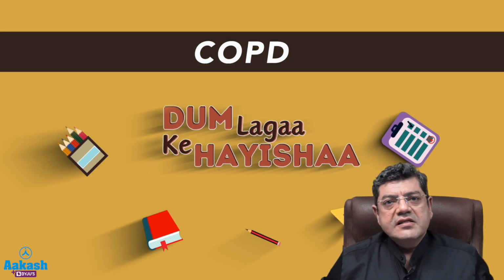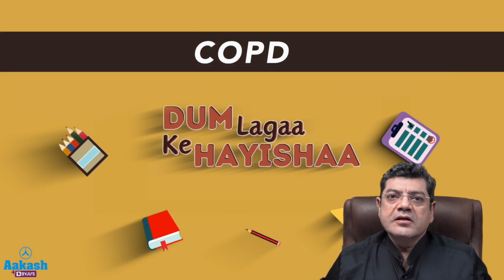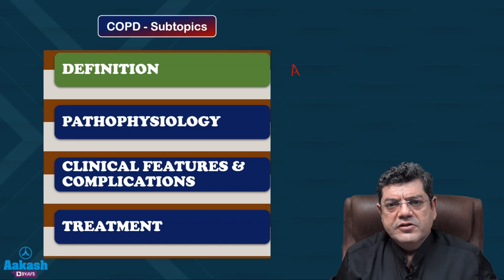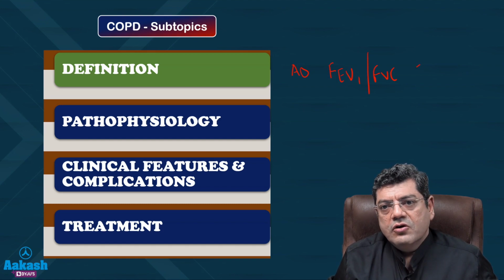Hi, so we'll discuss COPD today, chronic obstructive pulmonary disease or chronic obstructive airways disease. The definition of airway obstruction is an FEV1 to FVC ratio of less than 0.7.